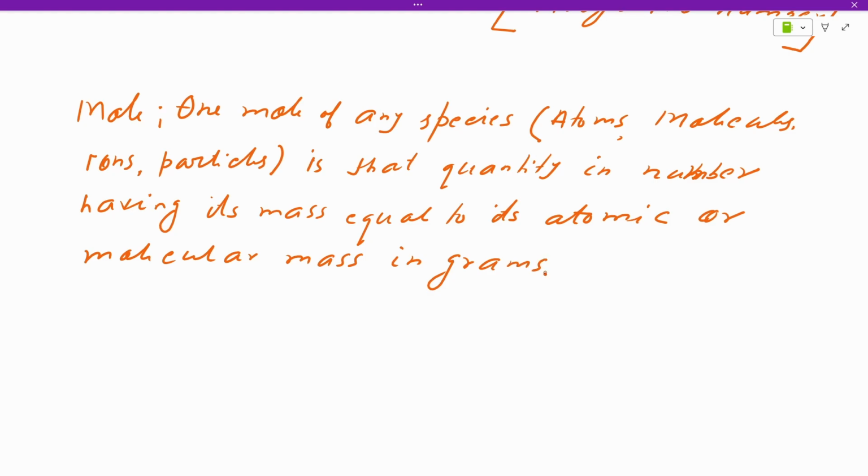So 1 mole of any species is that quantity in number having its mass equal to its atomic or molecular mass in grams.